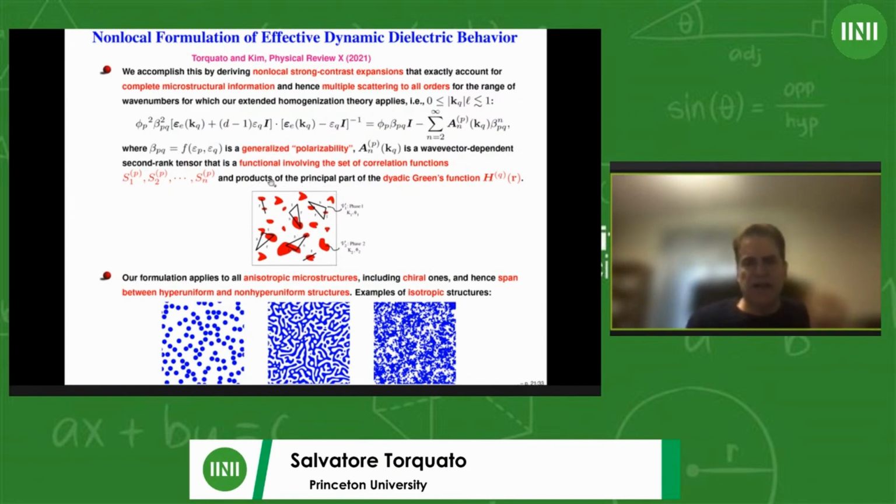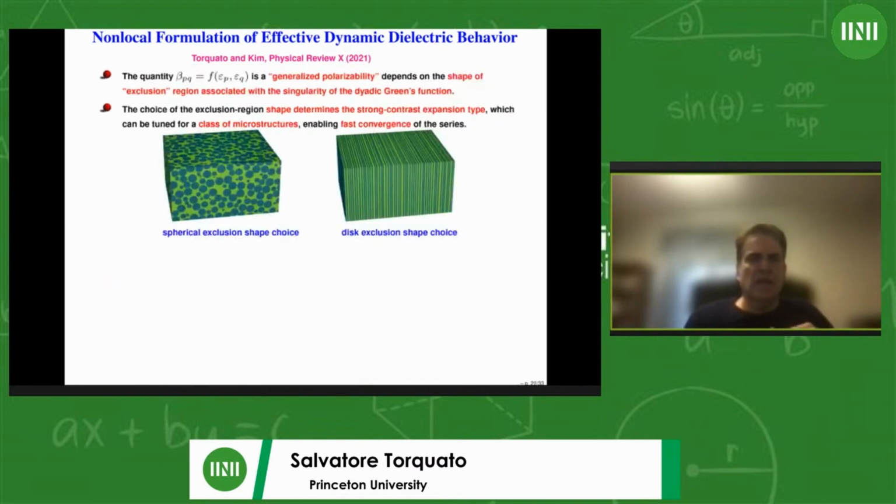And they're going to be products involving the principal part of the dyadic Green's function. Now, the formulation applies to very, very general systems, but a very important quantity here is the perturbation parameter.